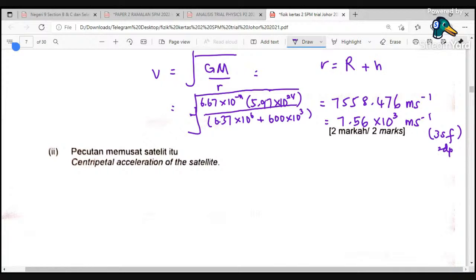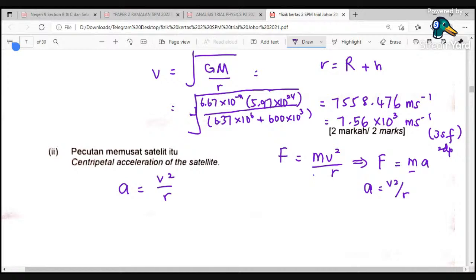Centripetal force, mv squared divided by r, compare to Newton. Thus, we get centripetal acceleration.